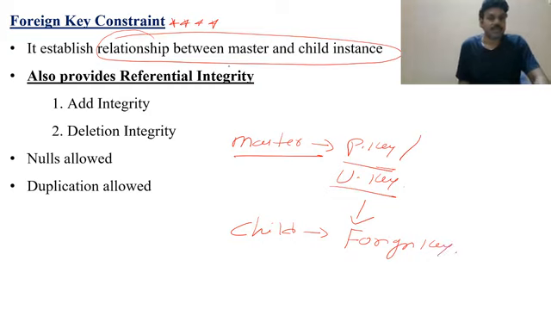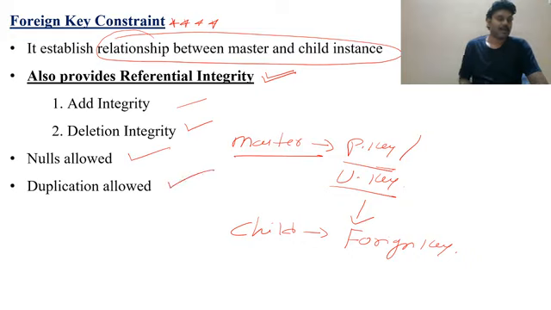So the main motto of the foreign key is establishing a relationship which provides referential integrity. Referential integrity is in the form of two varieties, add integrity and deletion integrity. As we know, foreign key is completely opposite to the primary key, such that here nulls are allowed as well as duplicates.